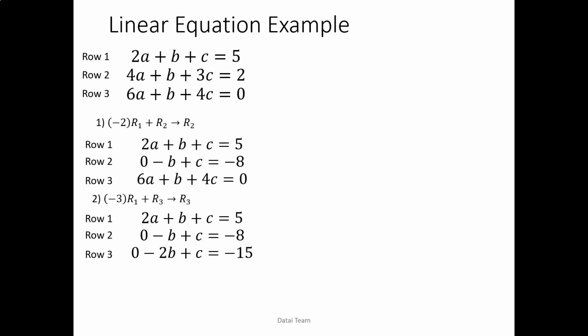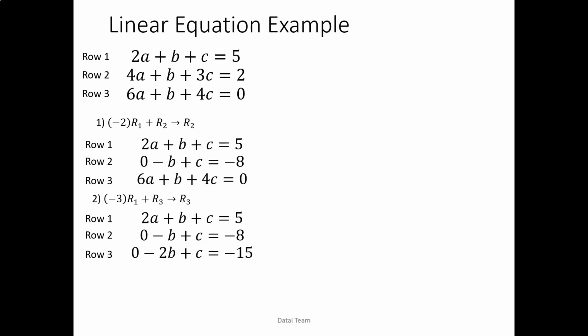And on row 3, we get 0 minus 2b plus c is equal to -15. And we get that by getting -6a minus 3b minus 3c is equal to -15. This is row 1 times 3, and then we add row 2.